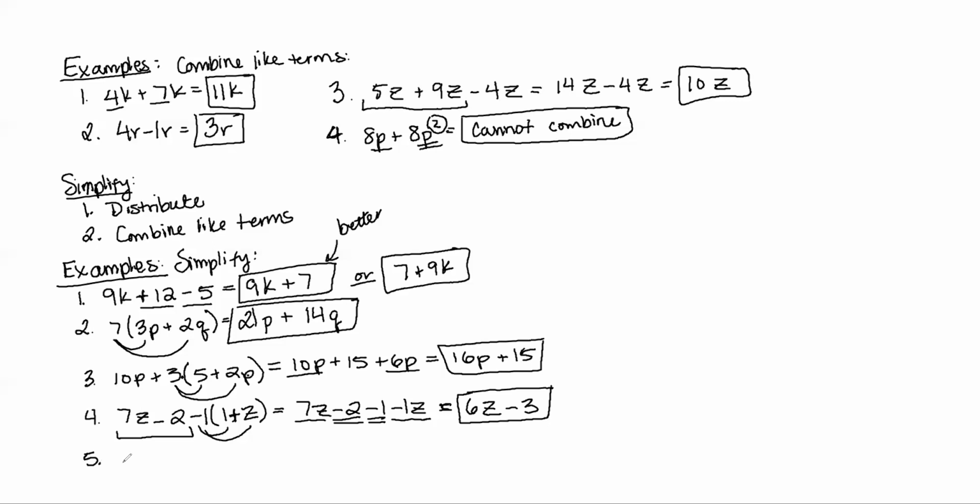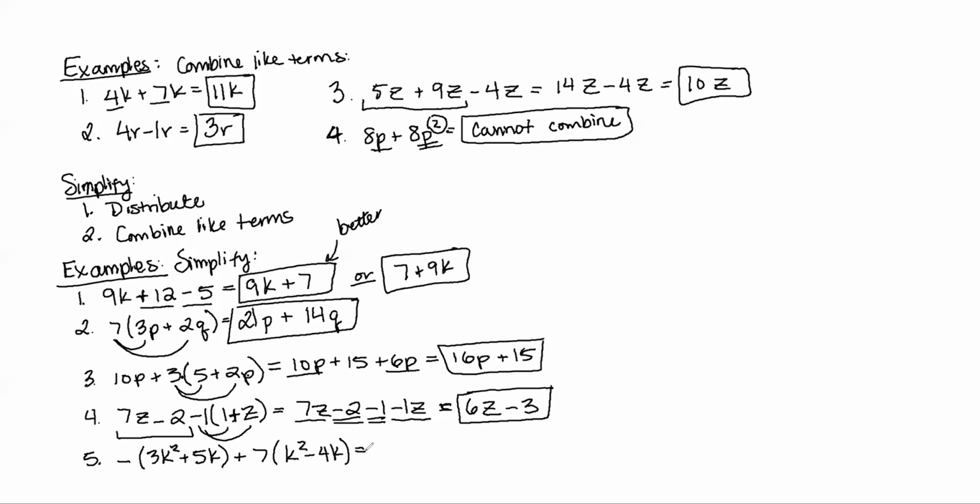Number 5: negative parentheses 3k squared plus 5k end parentheses plus 7 parentheses k squared minus 4k. All right, so again, first thing we want to do is distribute.